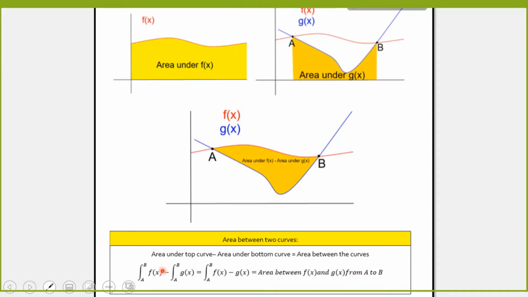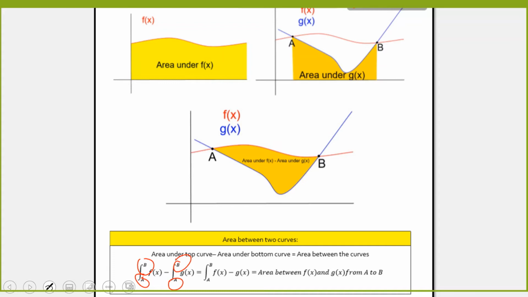Or I could say the integral of f of x, my top function, from a to b, minus the integral of g of x from a to b, which, because these bounds are the same, I'm moving from the same start point to the same end point. And integration is really just repeated addition.